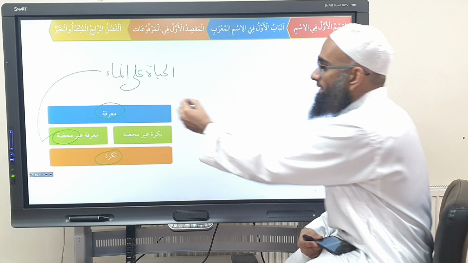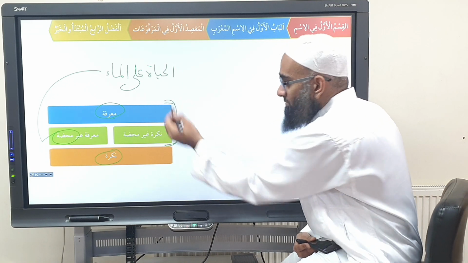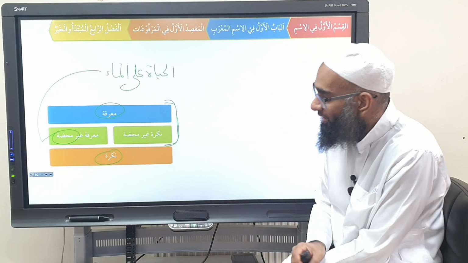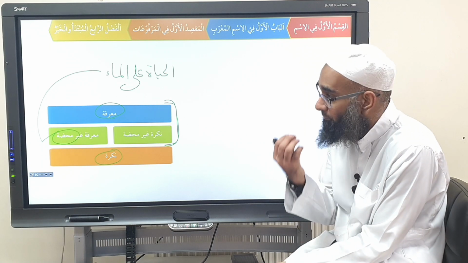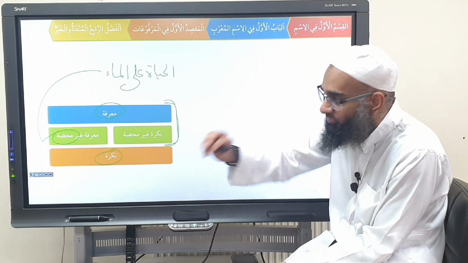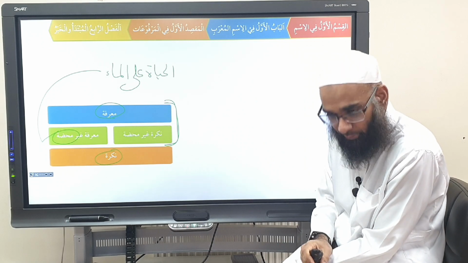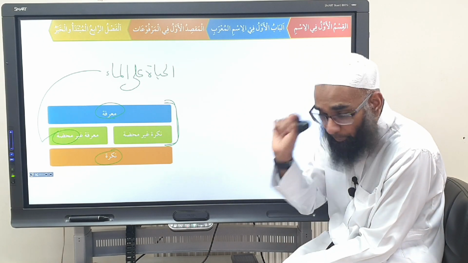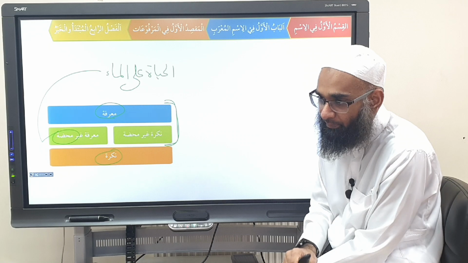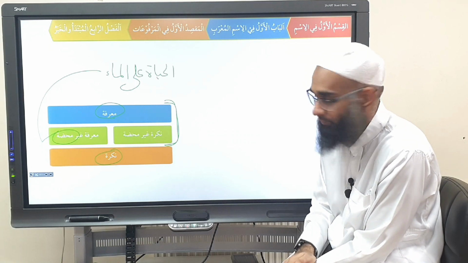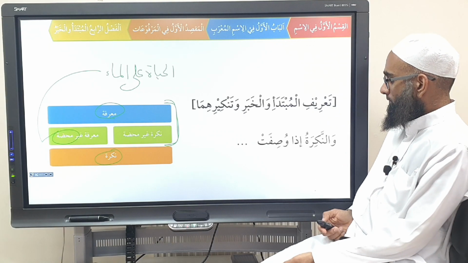So what they say is that these are mufid, these two: when it's ma'rifah, or nakira ghayr mahdha, or ma'rifah ghayr mahdha, these can become mubtada. Do you understand? And nakira mahdha, pure nakira, the bottom level, can't become mubtada. That makes sense?